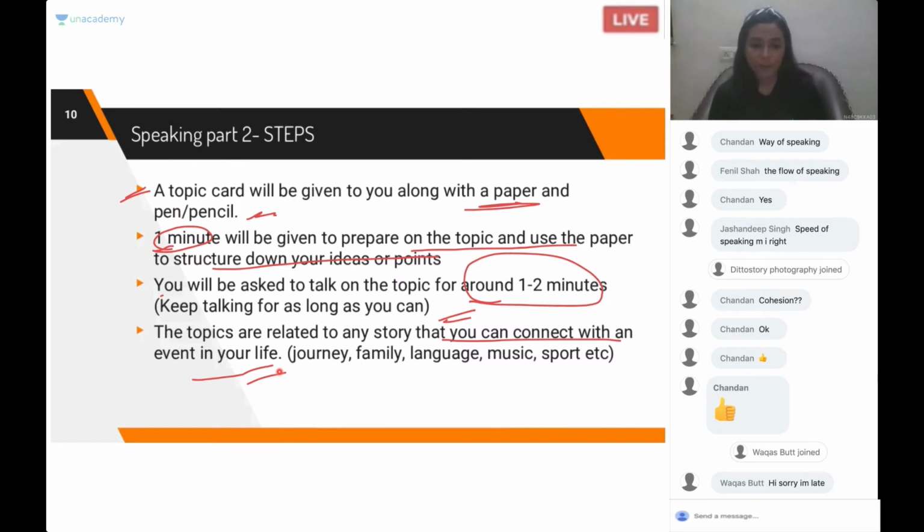But don't worry, because the topics are relatively very easy and help you bring out real life incidents, like journey, family, language, music, sports, things you can easily connect with your real life.